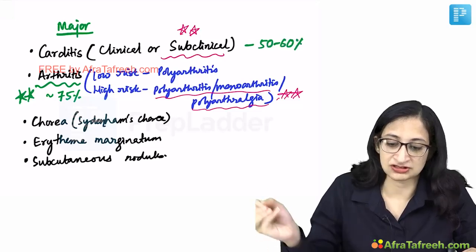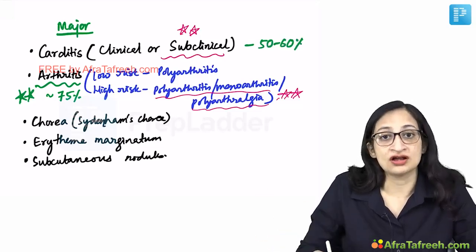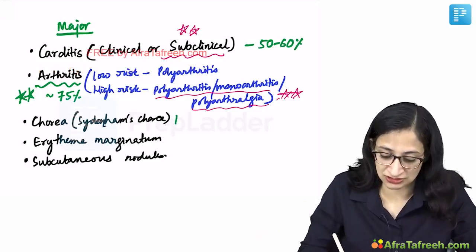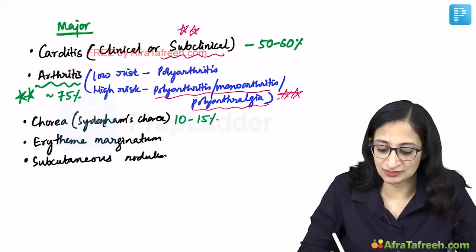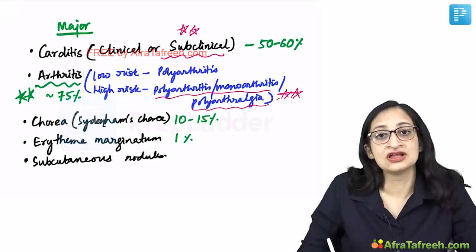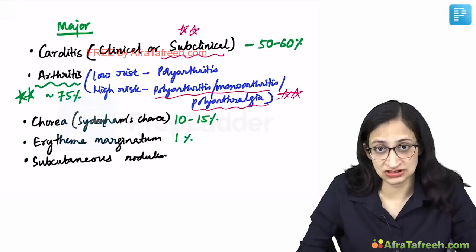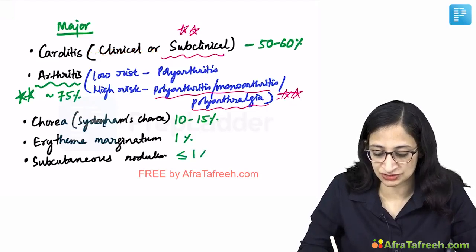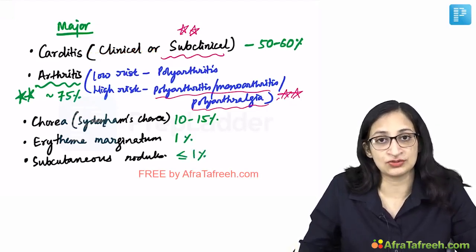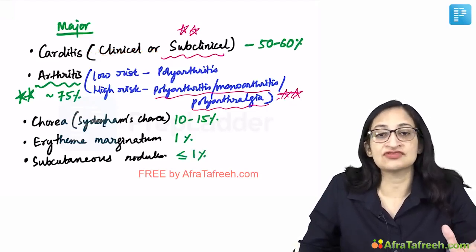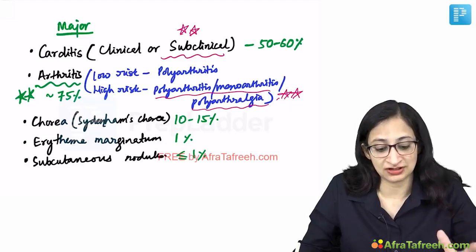Chorea is seen in 10 to 15% of cases. Erythema marginatum in around 1%, and subcutaneous nodules is the least common one, seen in less than 1% of the affected population. Okay. So these are the major 5 criteria in the modified Jones criteria.